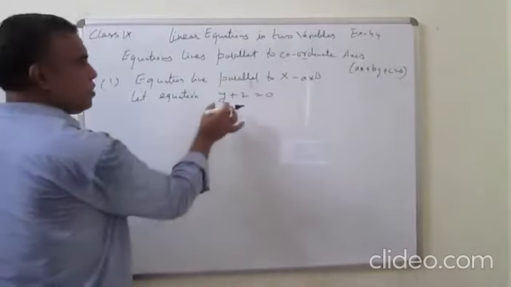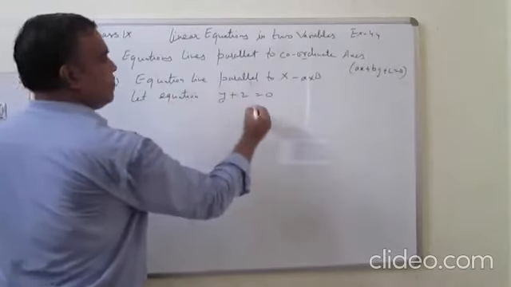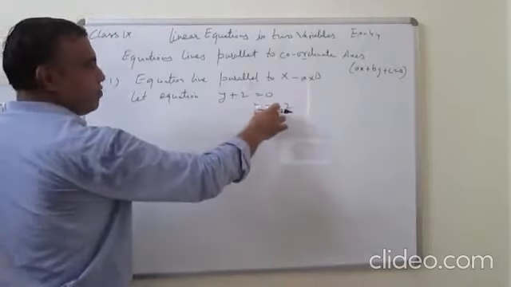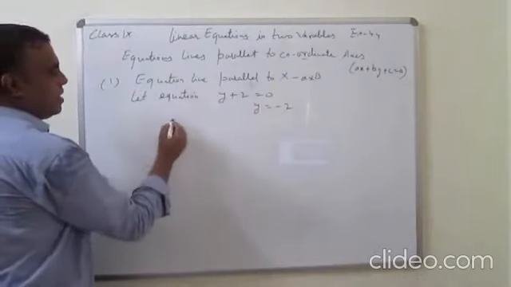Suppose y plus 2 is equal to 0. What is the x here? 0. So the equation of the line you can plot is y equals minus 2. So it is below the x-axis. Equation parallel to the x-axis.